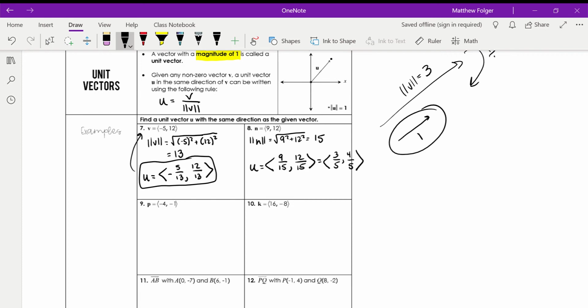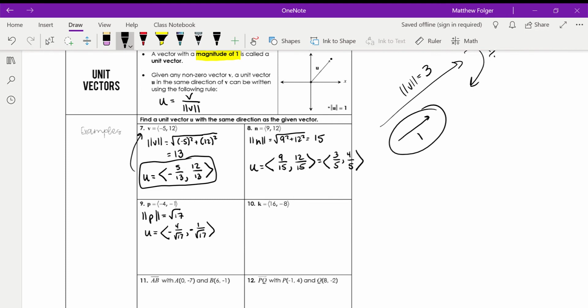All right, next one, magnitude of p. Now I'm going to do this kind of quick. It's going to be the square root of 16 plus 1, which is the square root of 17. You can do that using the whole formula, but that's what we have here. Now, to find the unit vector, you divide both of those by that. So it's going to be negative 4 over square root of 17, comma, negative 1 over square root of 17.